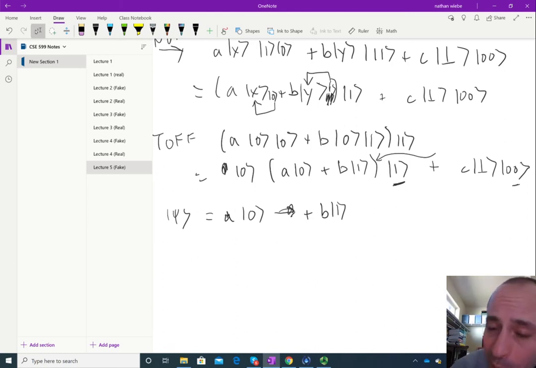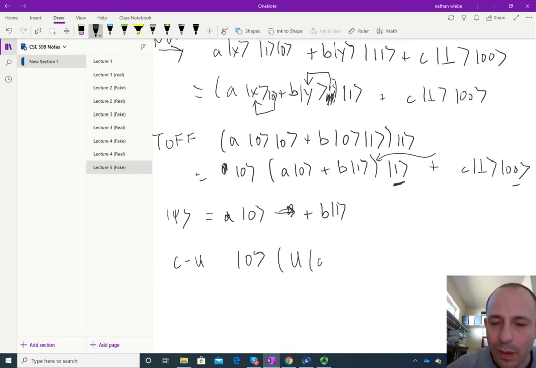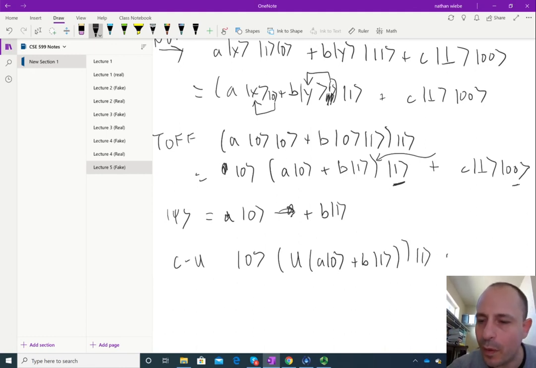So we can do a controlled unitary operation to map that to 0, U(a 0 plus b 1), 1 plus c orthogonal 0, 0.